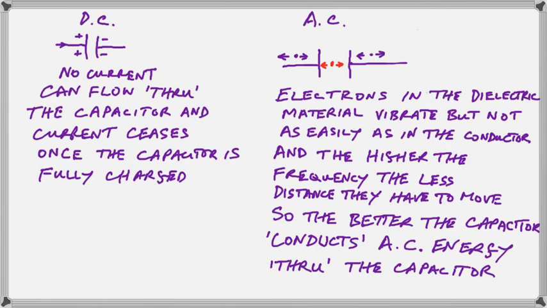And this is shown in the diagram, where we show the electron in red inside of the dielectric material vibrating, and so the wave can travel, maybe with some reduction, through the capacitor to the other side. So therefore we can say that AC current will flow through the capacitor, whereas DC current will not.